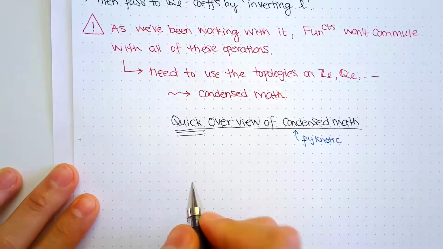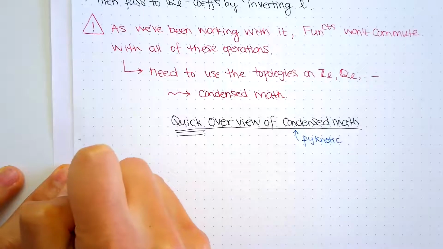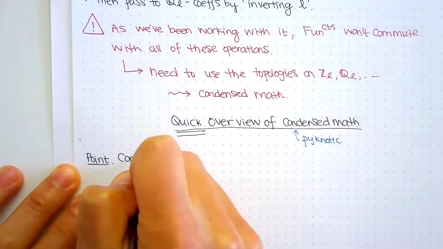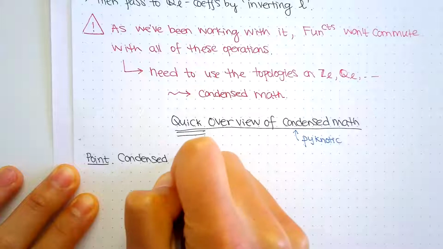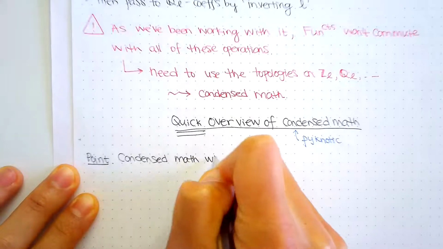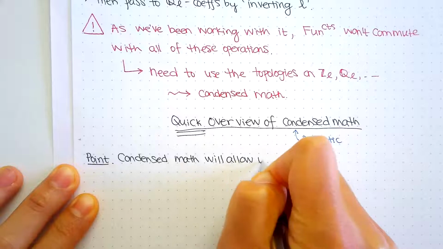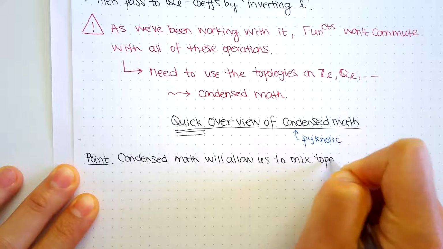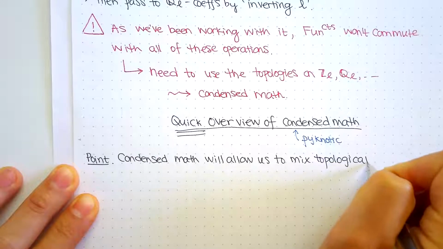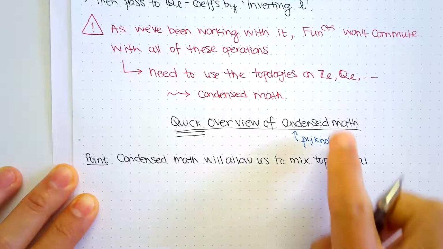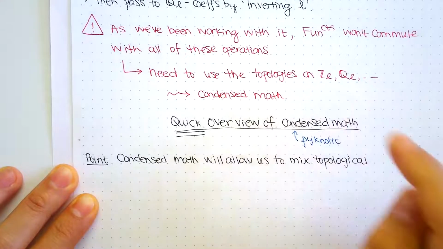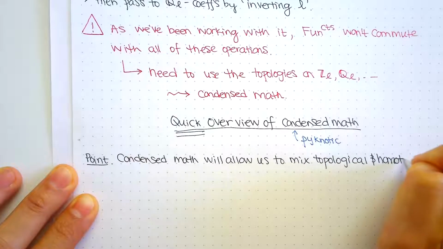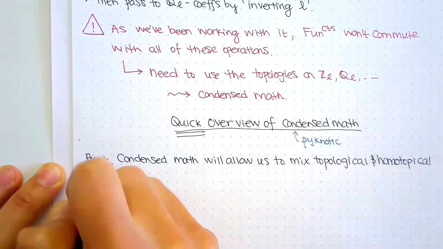But the point is that this condensed math will allow us to mix topological structures, and by topological I mean the topology on ZL or QL, something that actually is a topology, and homotopical structures.